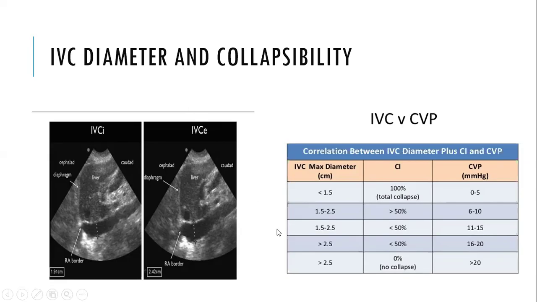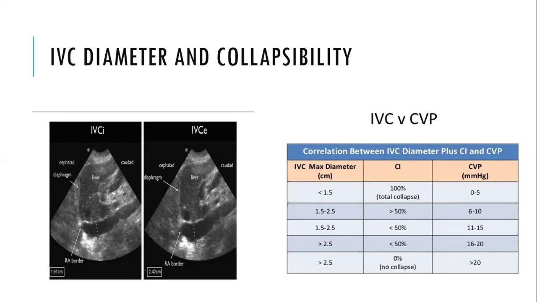Sometimes you may not want to do a passive leg raise because turning the patient supine, especially a ventilated patient, you may have issues with regurgitation and aspiration of your gastric contents. But IVC diameter measurement and the collapsibility index is very handy and something you can do within 5 minutes, and you can decide.